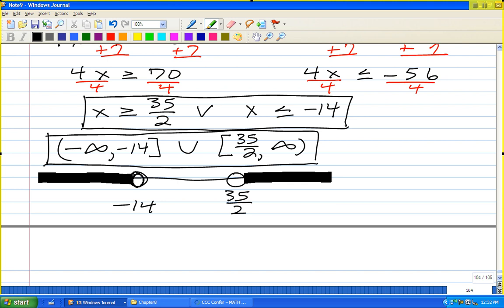It includes negative 14 and everything below. It includes 35 halves and everything above.